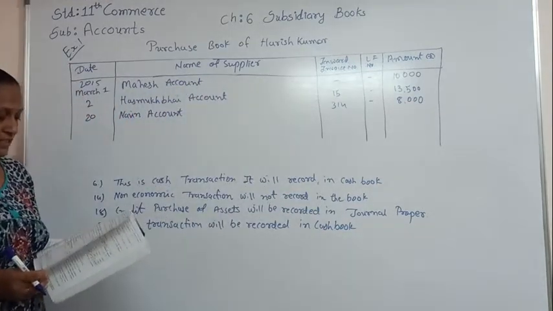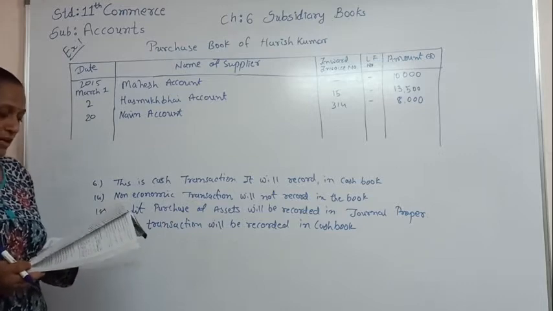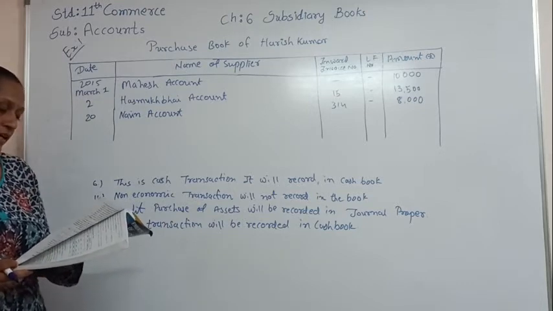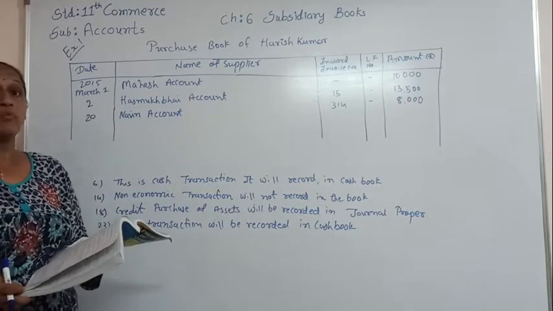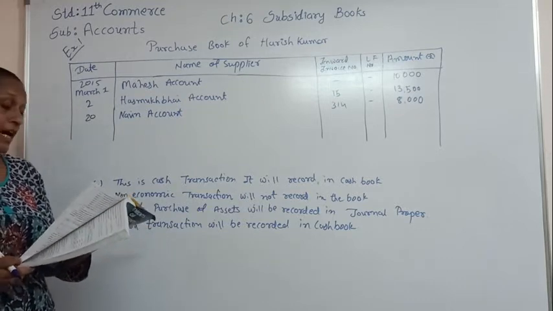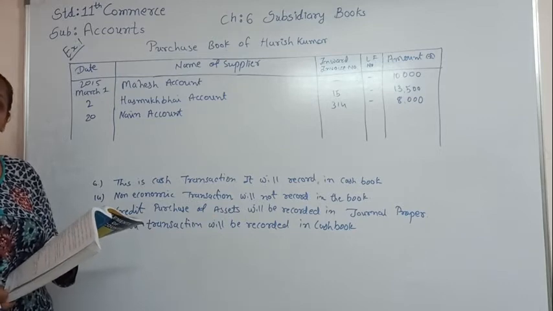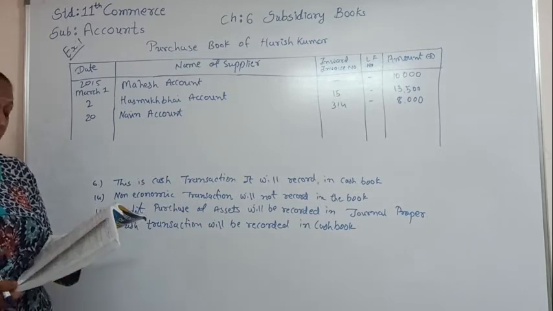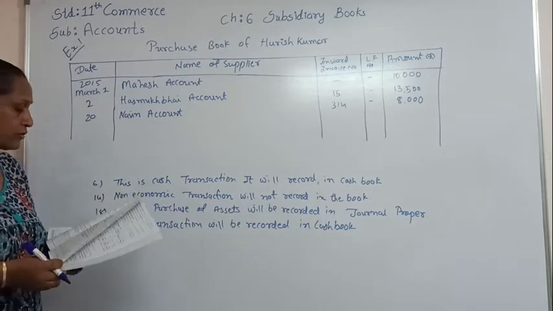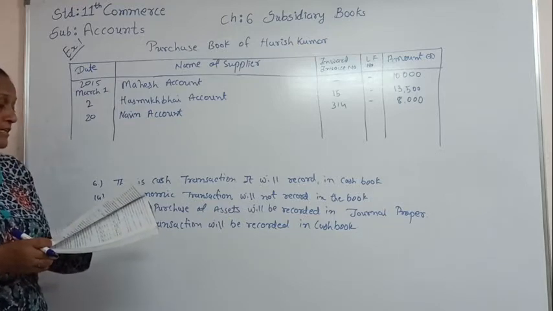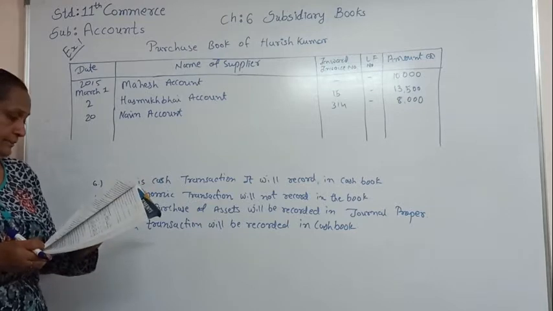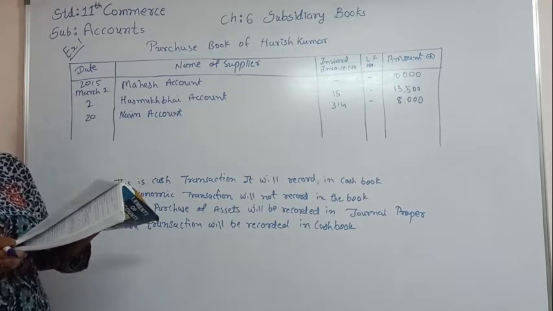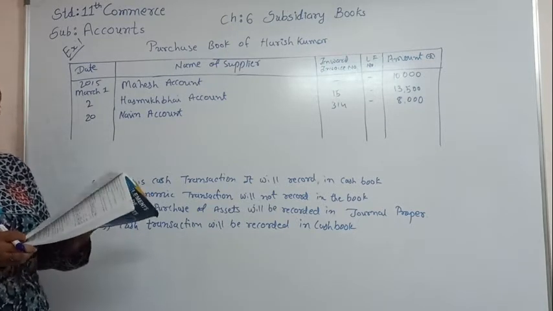Goods of rupees 16,000 purchased from Babulal at 10% trade discount and paid half of the amount immediately by cheque. So here we have discussed that half amount should be considered as a full credit transaction, and for that we are going to record the full transaction as a credit transaction. And goods of rupees 16,000, and 10% of that will be 1,600.